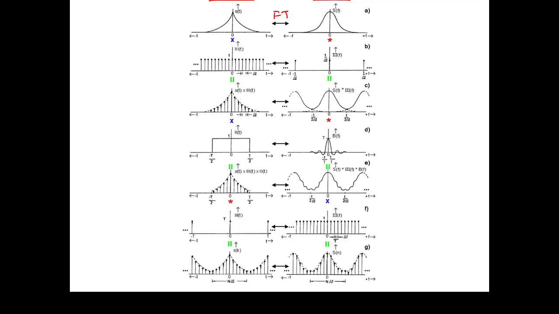In the discrete time Fourier transform, initially we have a continuous time signal, which has to be converted into a discrete time signal by the process of sampling. This is the impulse train. When you multiply these two, we convert the continuous time signal to a discrete time signal.